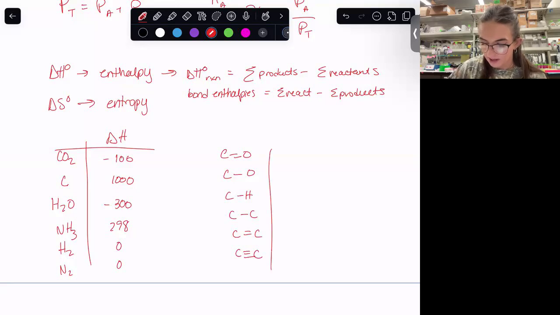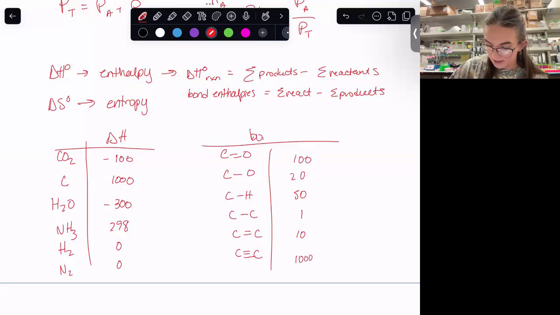We're looking at the energy required to break this bond.